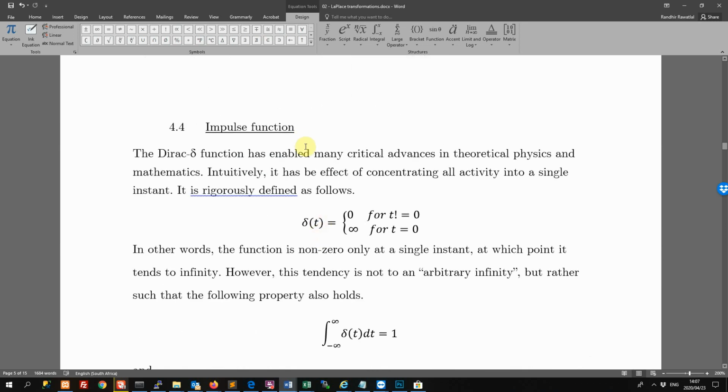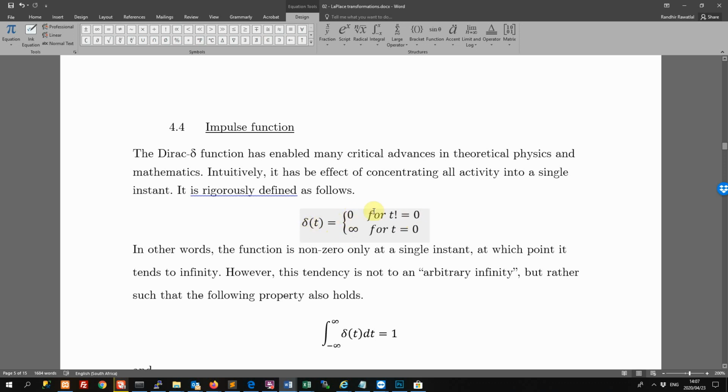Now for the impulse function, of course the impulse is represented with the Dirac delta function, and the Dirac delta function is a critical function. It's really facilitated many theoretical developments in physics especially. So the Dirac delta function looks like this, that when t is not equal to 0, the Dirac delta function is 0.